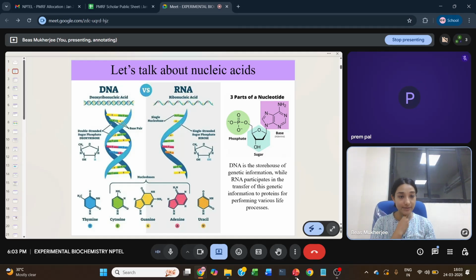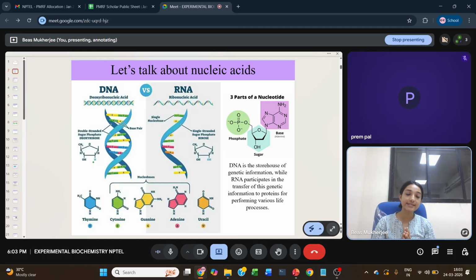So what does that mean? So basically there is this H group instead of OH group that you can see in this figure, right? So instead of OH group in this position, there is this H group in DNA, and that makes it deoxyribose.